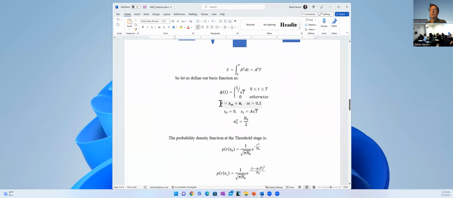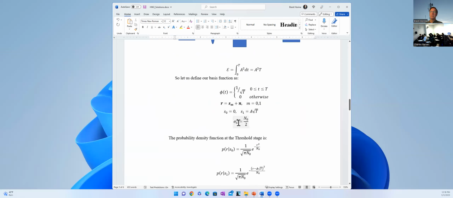So here we end up with R equal to some symbol, S0 or S1, with noise added to it at the receiver, right? In this case, we know that S0 is 0, and S1 is A times the square root of T, which I gave you.